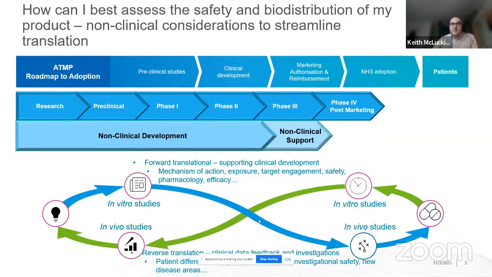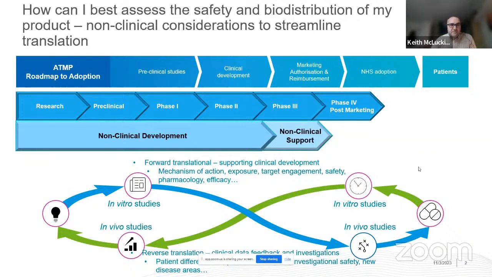This is supporting clinical development. You will be looking at your mechanism of action, exposure, target engagement, safety, pharmacology, and efficacy. And that gets you to your first in human clinical trial. This is a space where you're in humans for the first time and there may be issues.